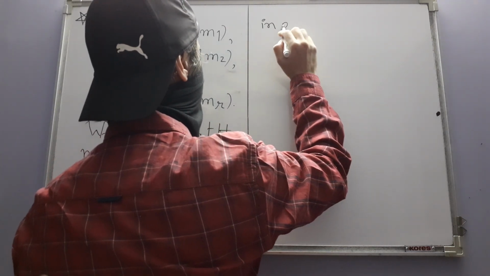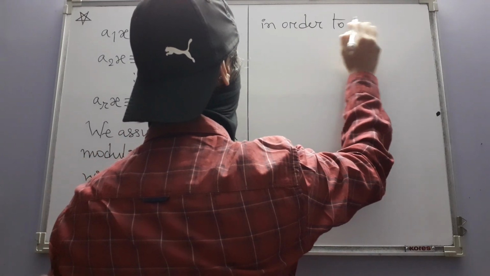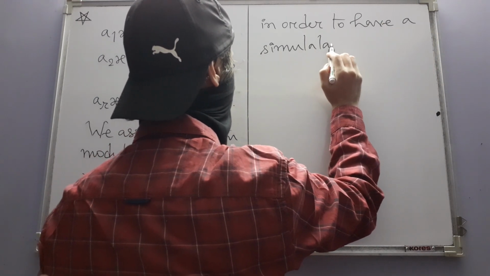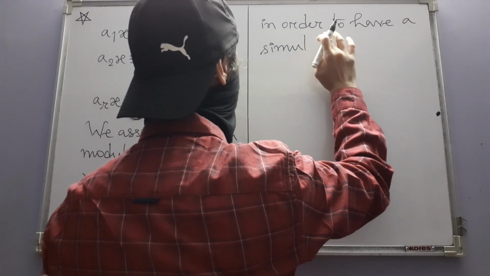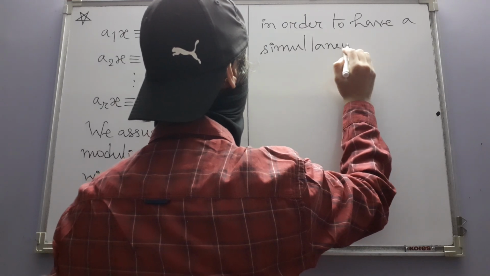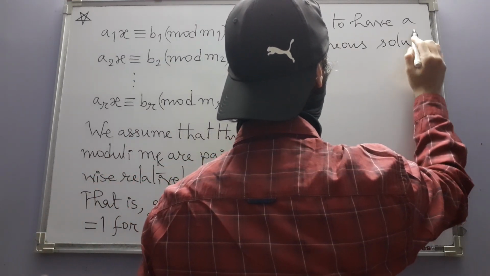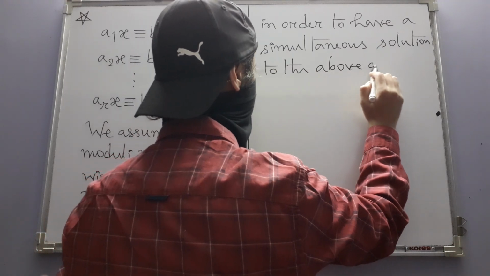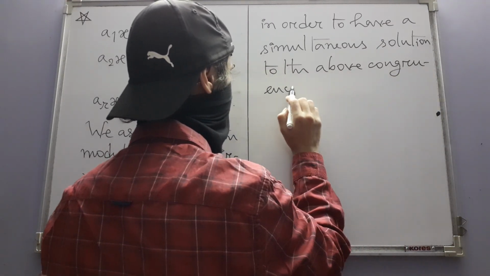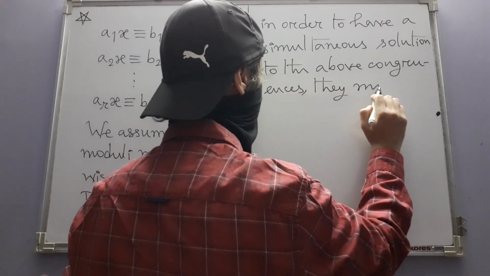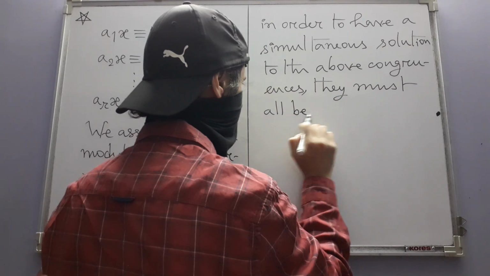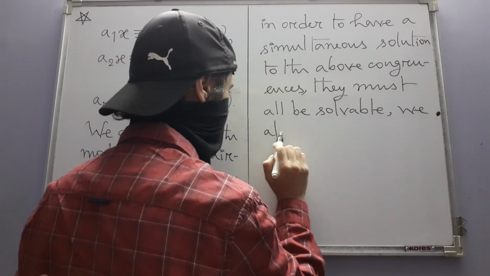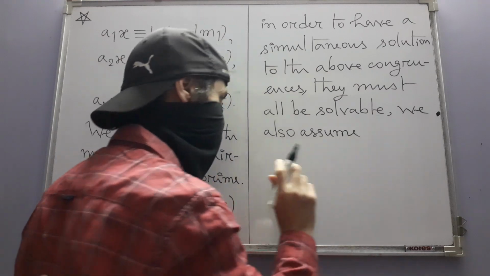In order to have a simultaneous solution to the above congruences, they must all be solvable. We also assume that they are solvable.